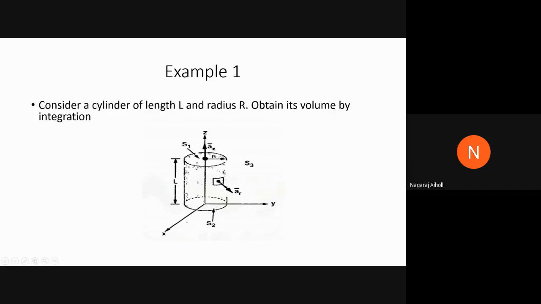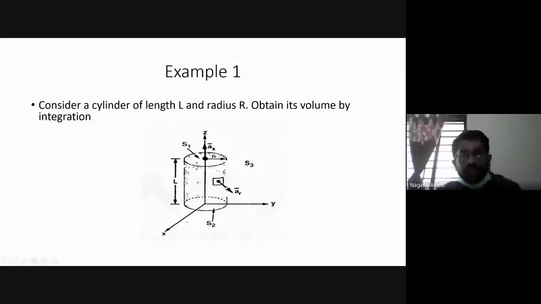Next, we'll move on to finding the curved surface, the side surface. If we want to find that, then this is AR bar, perpendicular to the cylindrical surface, the curved surface. I will go back and highlight that.